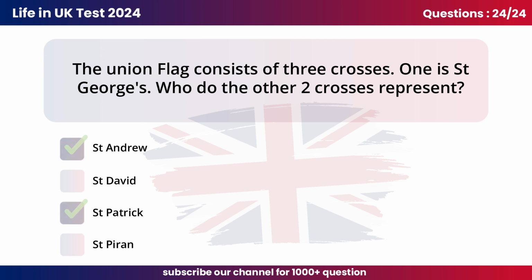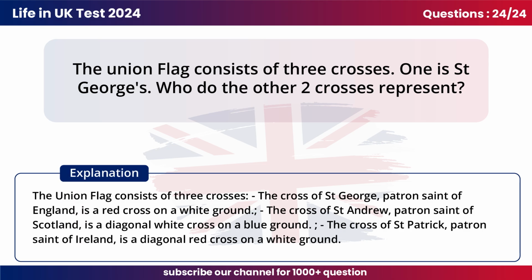C. St. Patrick. The cross of St. George, patron saint of England, is a red cross on a white ground. The cross of St. Andrew, patron saint of Scotland, is a diagonal white cross on a blue ground. The cross of St. Patrick, patron saint of Ireland, is a diagonal red cross on a white ground.